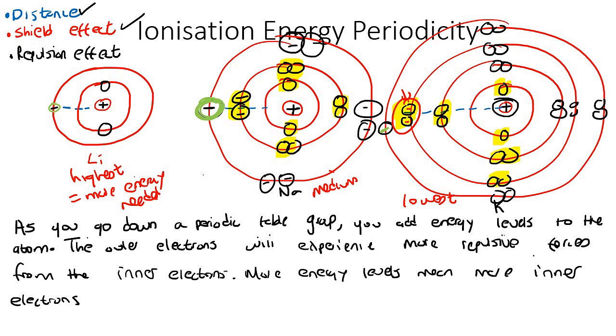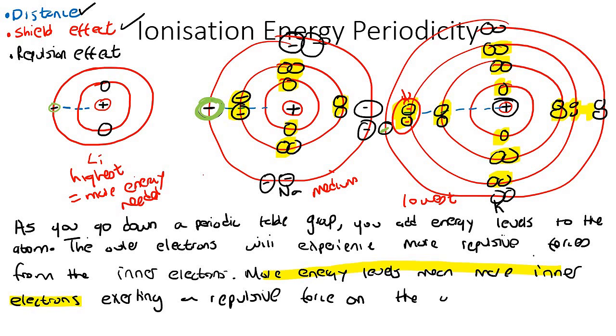See, there's a whole lot more inner electrons, and those are all negative, and so they are all pushing on the electrons on the outside. They're all trying to repel the electrons that are on the outside. So as you go down the periodic table, you add energy levels. The outer electrons will experience more repulsive forces from the inner electrons. More energy levels means that there are more inner electrons exerting a repulsive force on the outer electrons.